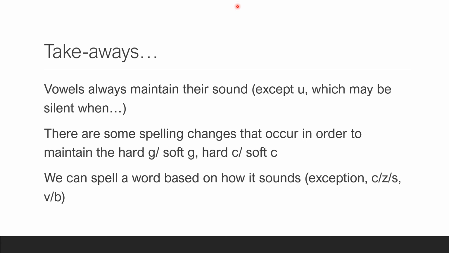So, a few takeaways to go with you. Vowels always maintain their sounds, except U, which may be silent when, drum roll, between G and E, between Q and E, between Q and I, or G and I. There are some spelling changes that occur in order to maintain the hard and soft G and the hard and soft C. And we can spell a word based on how it sounds, with the exception of the C, Z, S, and V, B. Those are very similar sounds, and so oftentimes they end up being the sounds that are most often misspelled when writing.